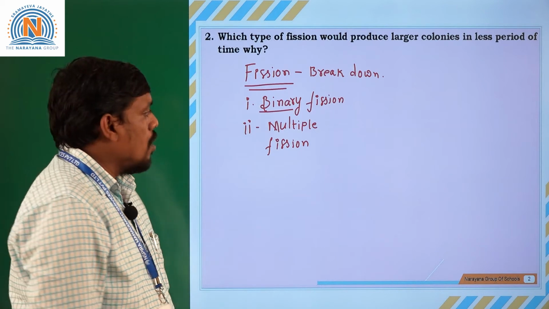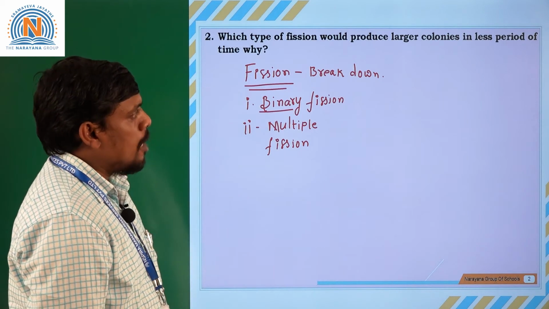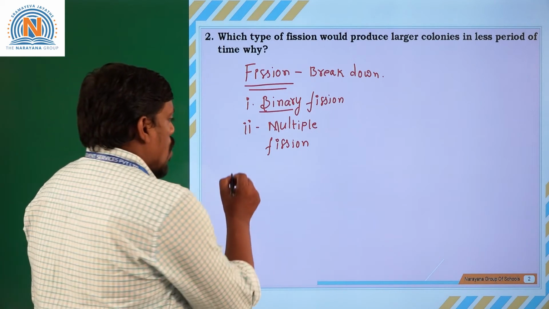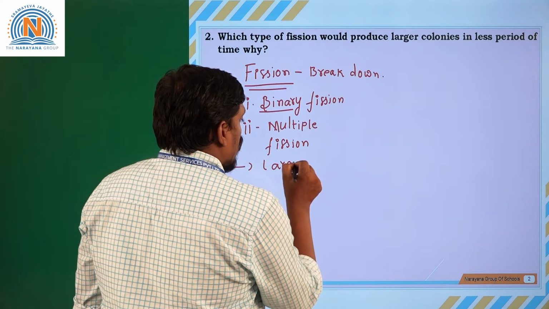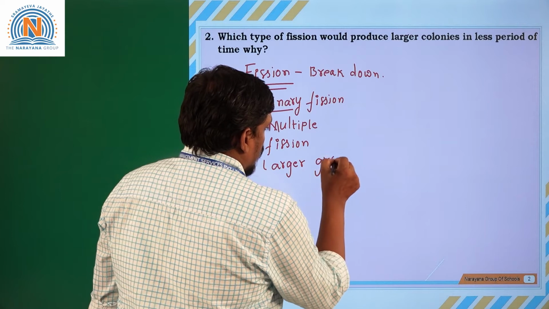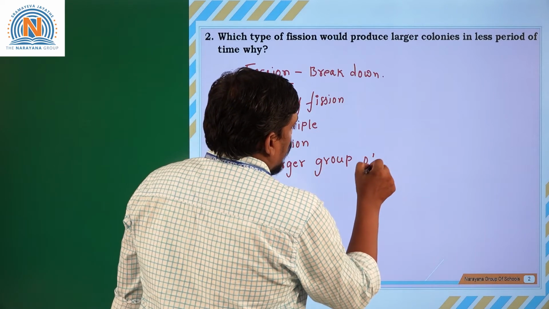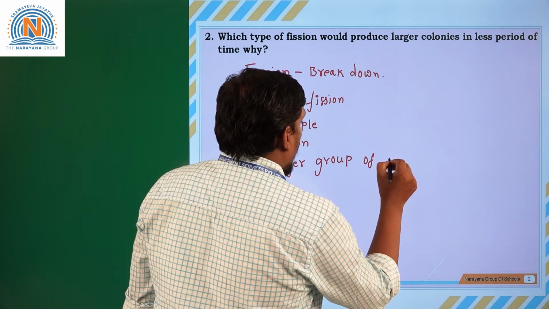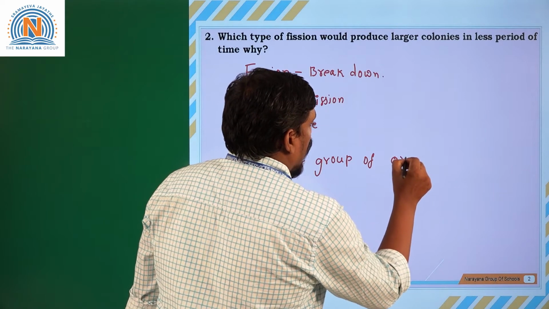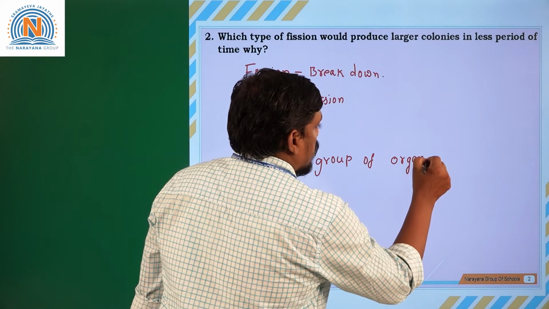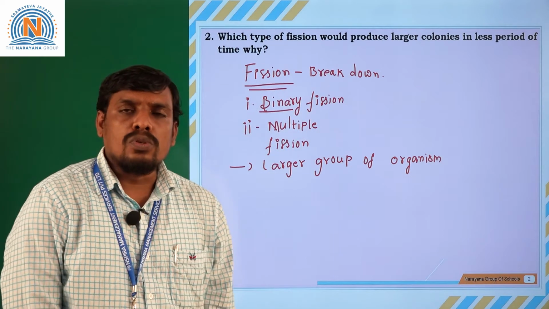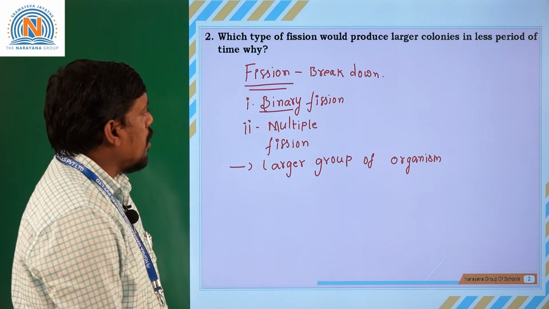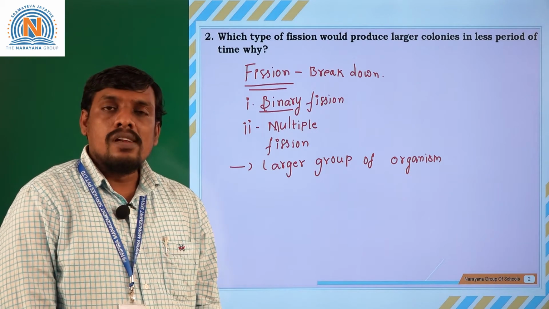Clear, students? So these kinds of fissions help in the production of a larger number of organisms, isn't it? How do they produce a larger group of organisms? Because organisms like amoeba, and some other protozoans, reproduce by binary fission or multiple fission.